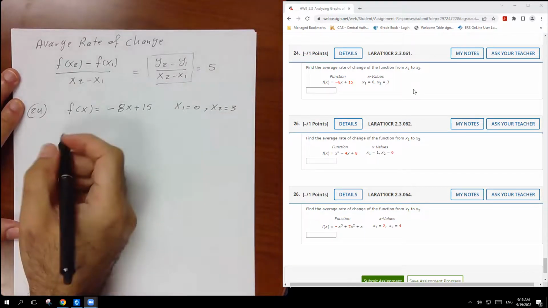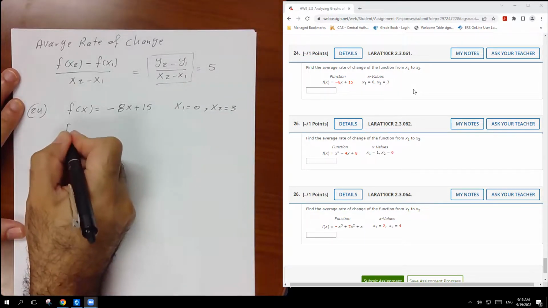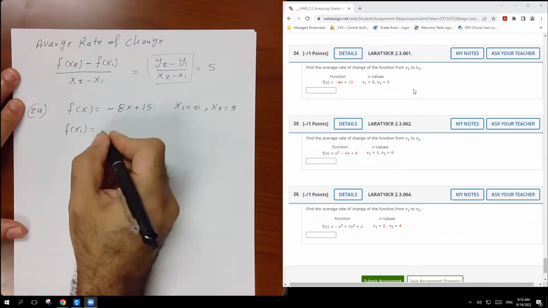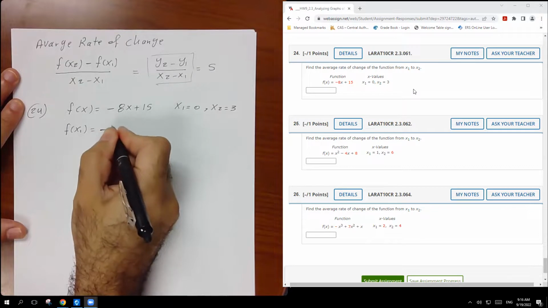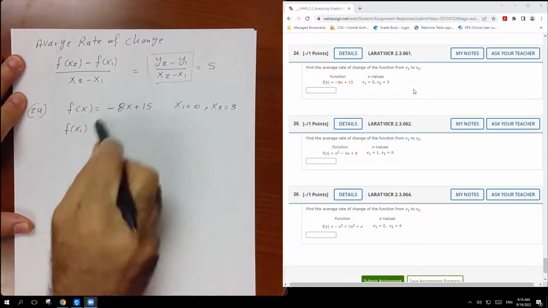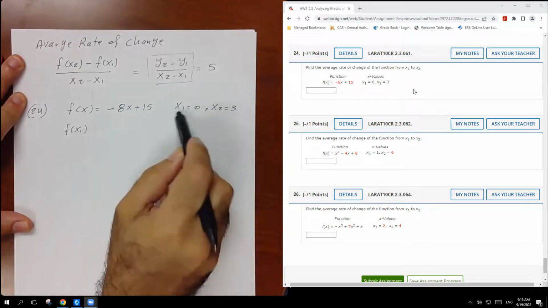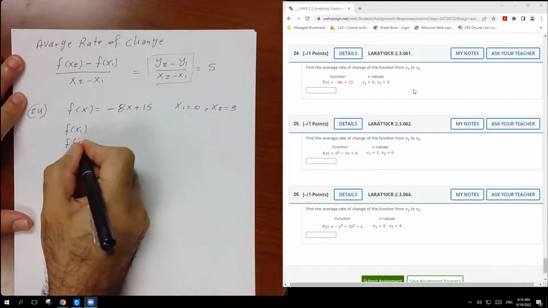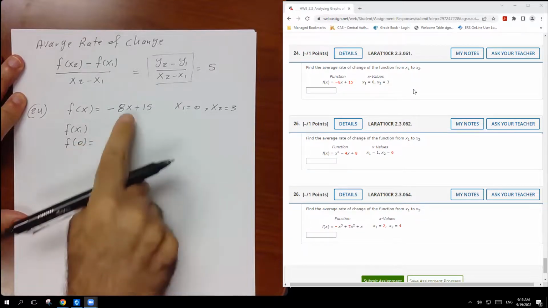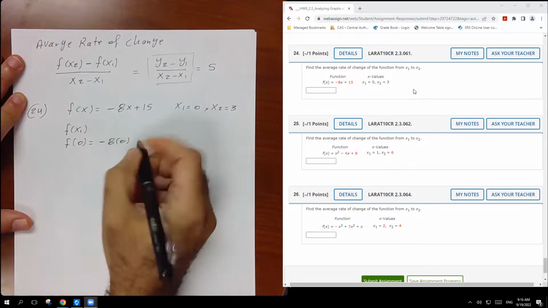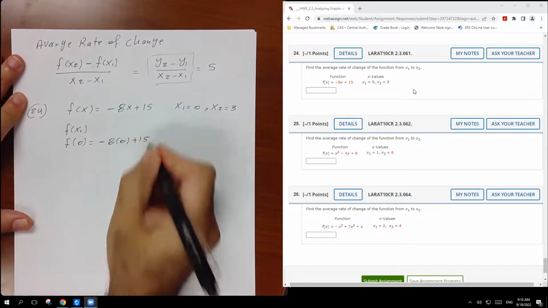So what I'm going to do is plug in x1. That means plug x1 into the function, so f of x1 is f of 0. Plug in 0 in the function, which is negative 8 times 0 plus 15.